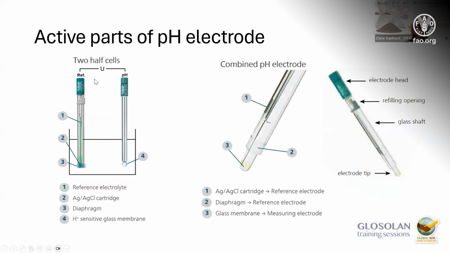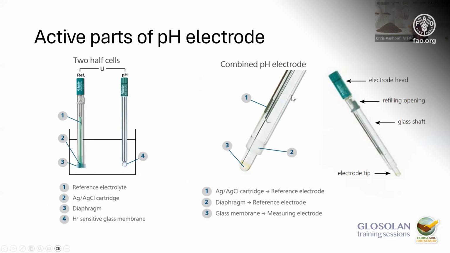Now it is presented as two half cells, but in practice, most of the time, we already work with the combined pH electrode, where we see the different parts. In the reference electrode, you have your reference electrolyte, your silver chloride cartridge, and your diaphragm, and on the other side, in the pH electrode, the sensitive glass membrane.